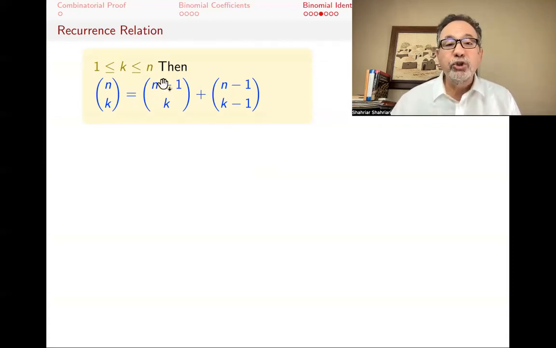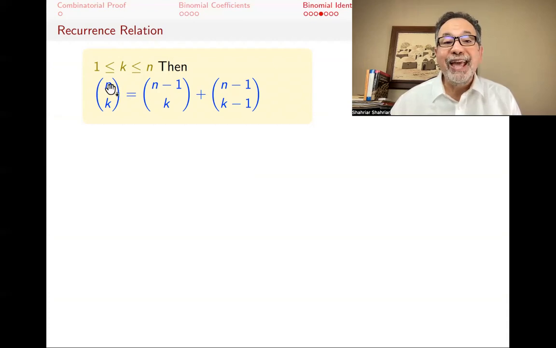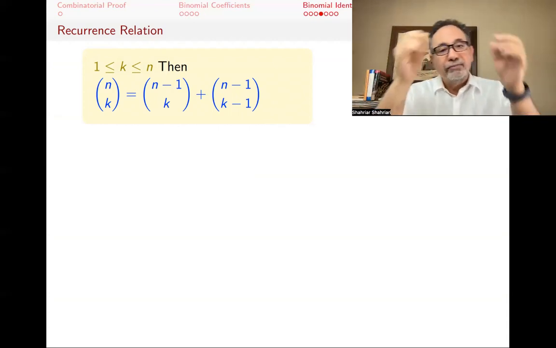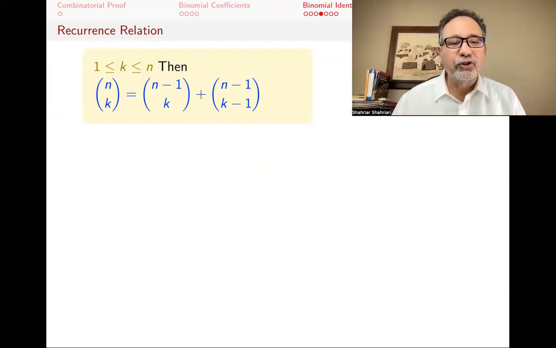Now, n minus 1 choose k and n minus 1 choose k minus 1 are both on the row above n choose k because their n is one less, and their k is one the same and one less, and that makes them the one right above it and right before it when we write them in that format of a triangle. So we want to know what that is.